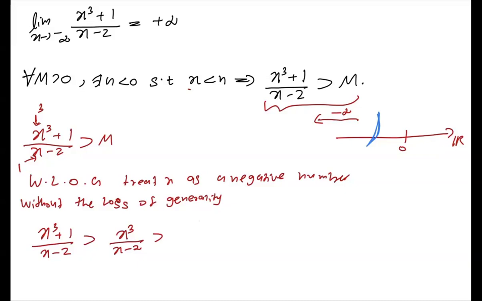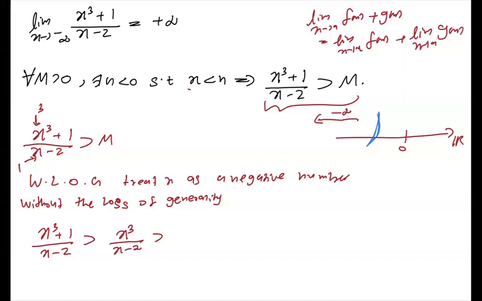Yeah. So in this question, if you have access to the addition limit rule, this is very easy, but here you cannot do that either. Do you have the luxury to use this one? The limit as x goes to a of f(x) plus g(x) is equivalent to the limit as x goes to a of f(x) plus the limit as x goes to a of g(x).